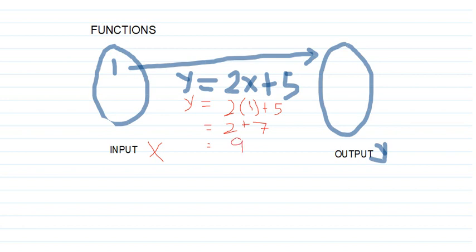Therefore, our output value, or the image for 1, is 9.